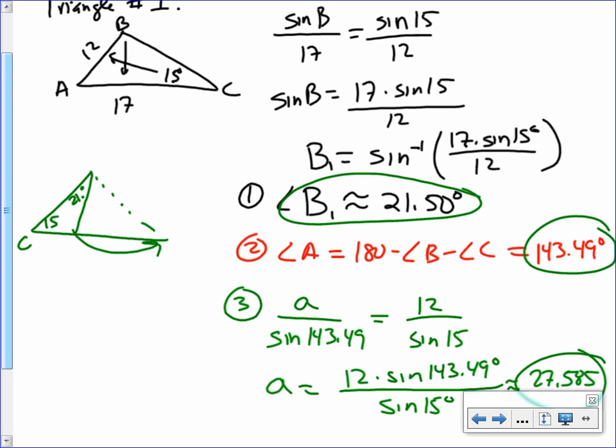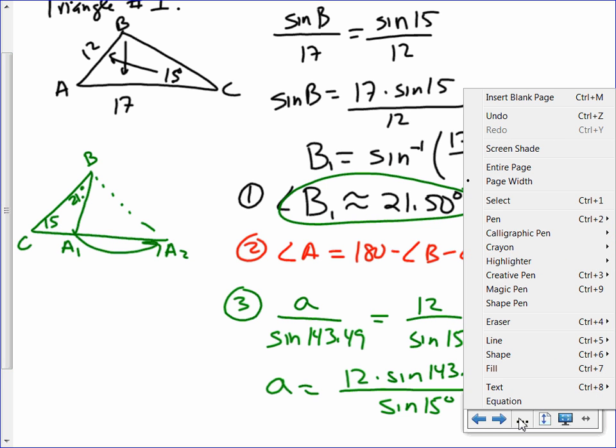So this is angle B, it's pivoting, so A could be here, this is A1, or we can move A2 to the other side. And to do that, all you have to do is take away the 21 point something degrees from 180. So let's take a look at triangle number 2.